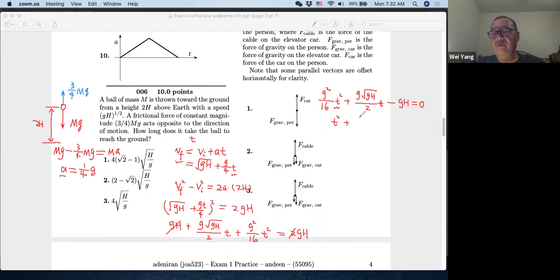Then we get the square root of h over g, then this one times 8, then times t. Then minus, this one will be 16 times h, then over g. This one equals 0.